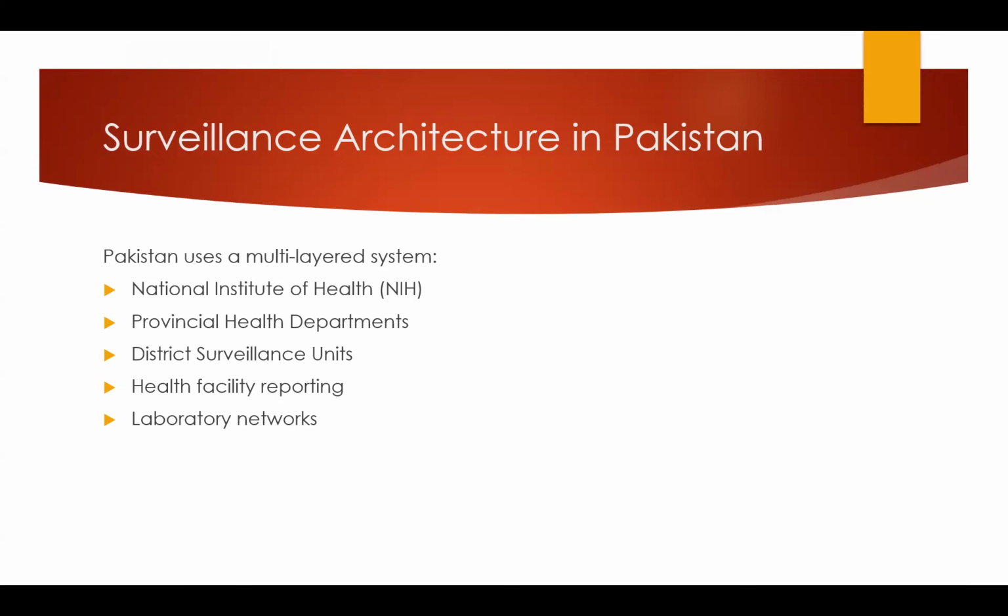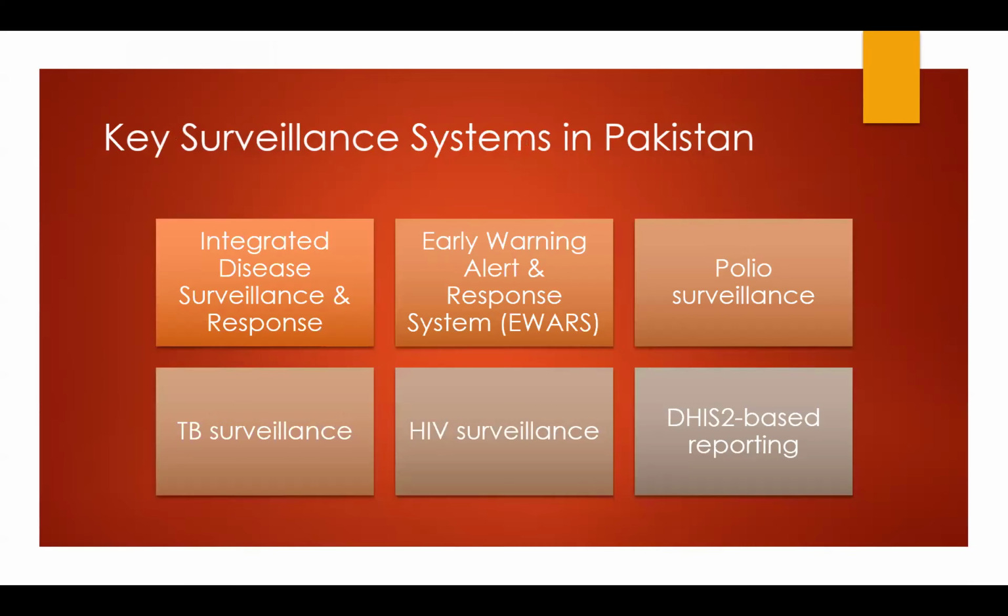Then we have provincial health departments, and then district surveillance units, health facility reporting, and laboratory networks. So these are some of the key surveillance systems in Pakistan: integrated disease surveillance and response, early warning alert and response systems, polio surveillance, TB surveillance, HIV surveillance, and DHIS2 based reporting.